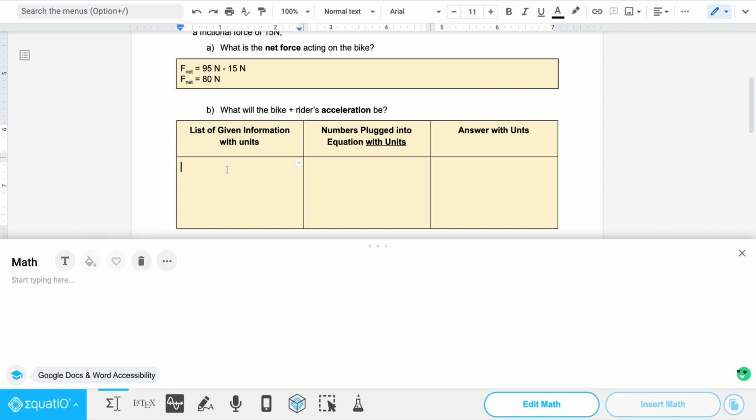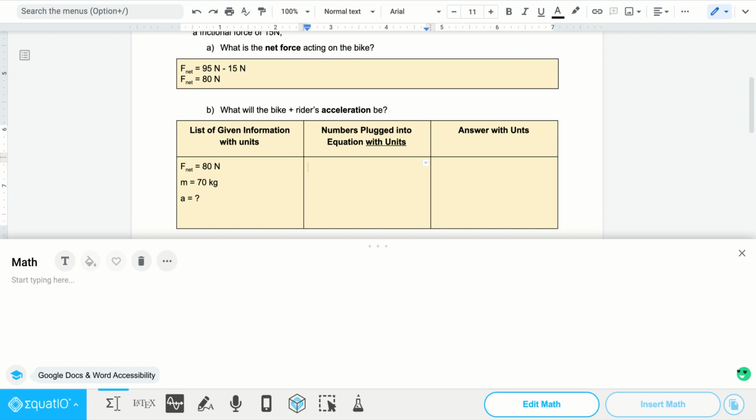So let's do our list of knowns. The given information, we know that the F net is 80 newtons. We also know that the biker has a mass of 70 kilograms, and we need to find out what the acceleration is. So that's what we don't know.